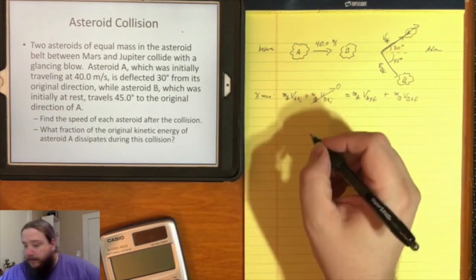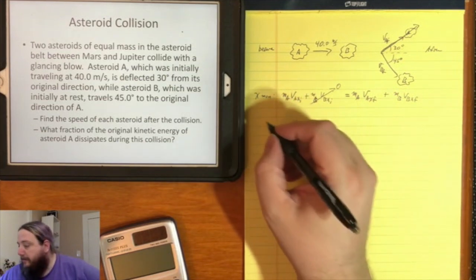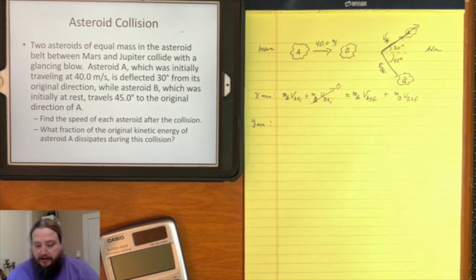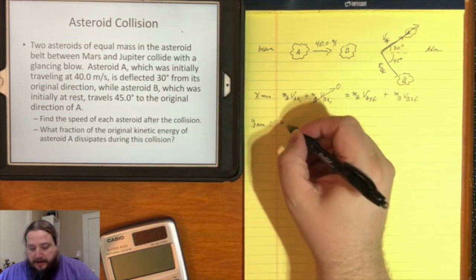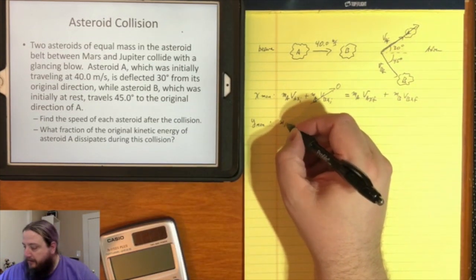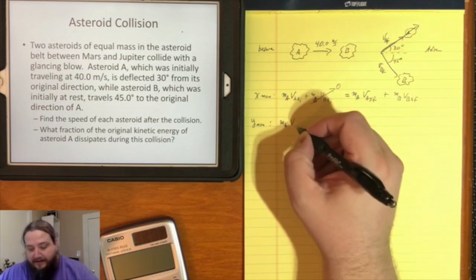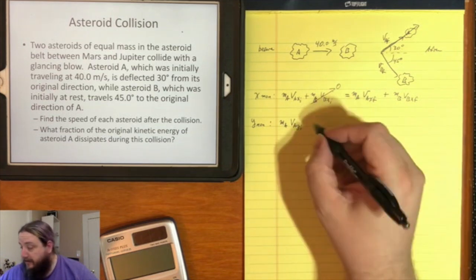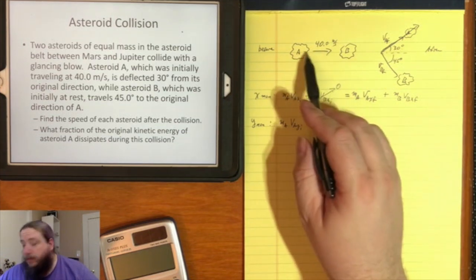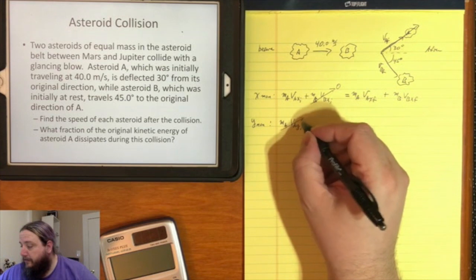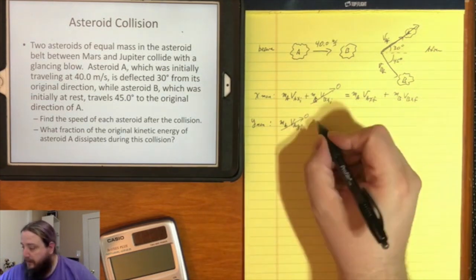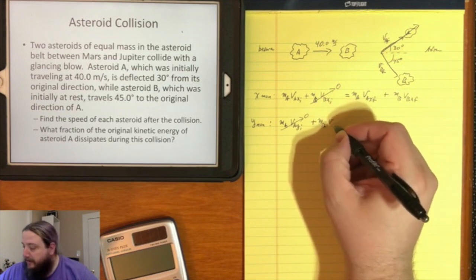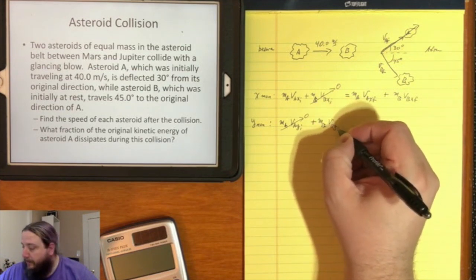And if we were going to write down the y momentum conservation equation, it would look like, again, the mass of asteroid A times the velocity of asteroid A in the y direction initially. And in this case, A wasn't moving in the y direction, so that term is 0. Plus the mass of asteroid B times the velocity of asteroid B in the y direction initially.